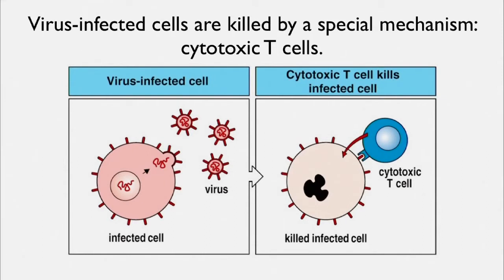And that cytotoxic T cell will either signal that this cell should commit apoptosis, it should commit suicide, or it will kill it by actually producing enzymes that dissolve its cell membrane. And the whole point here is to try to kill the cell before the virus can take it over and reproduce and lyse and produce lots of baby viruses.